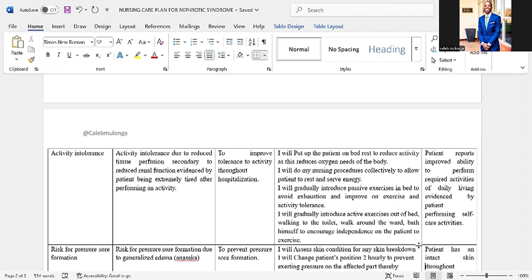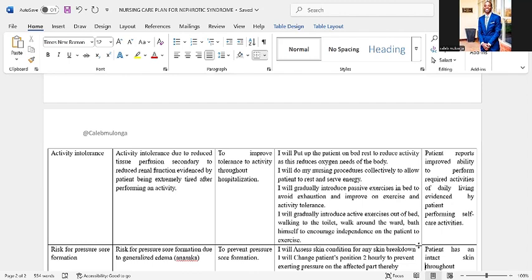So to be specific, you can say after performing an activity of daily living, so that it does not sound too general. The goal. Our goal is to improve tolerance to activity throughout hospitalization. We want to ensure that our patient is more tolerant to activities.